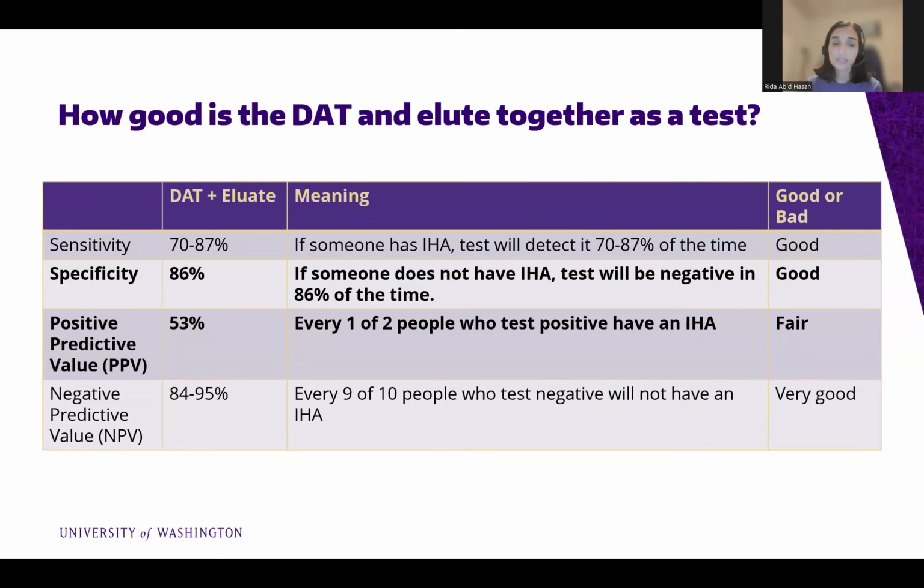So if we put these together, we can really improve the way that we make these diagnoses in patients that have a strong suspicion for immune-mediated hemolysis. And I really want to emphasize that because, again, the positive predictive value is very poor. So if your patient does not have suspicion for immune-mediated hemolysis, you should not be ordering a DAT.